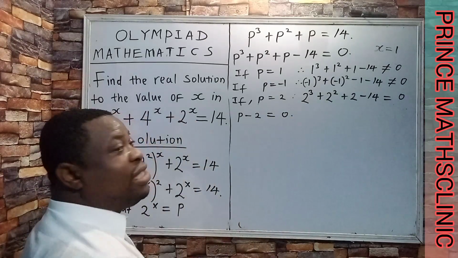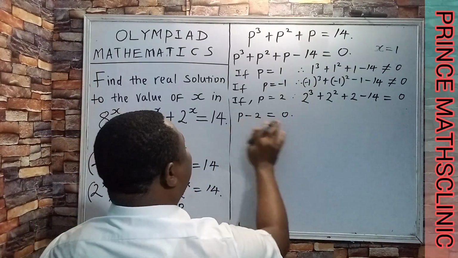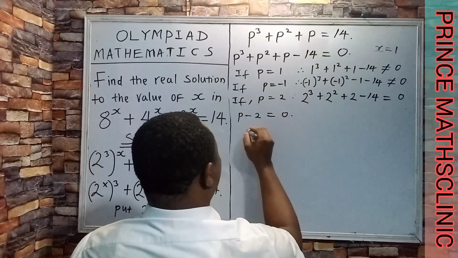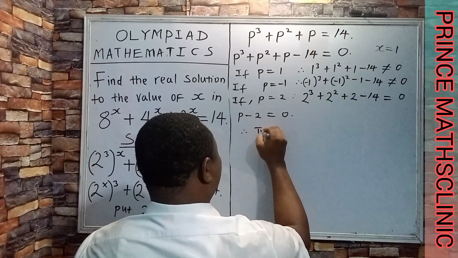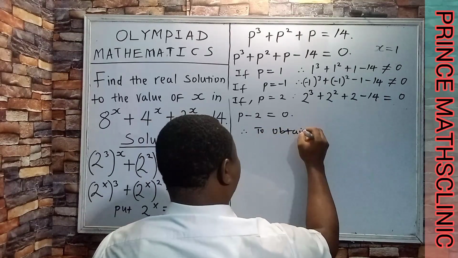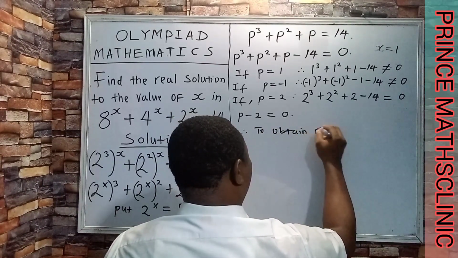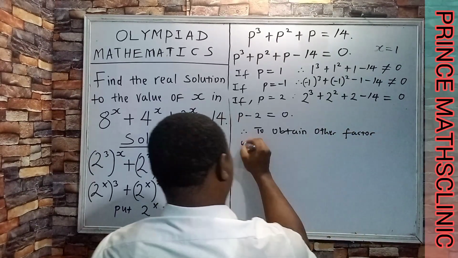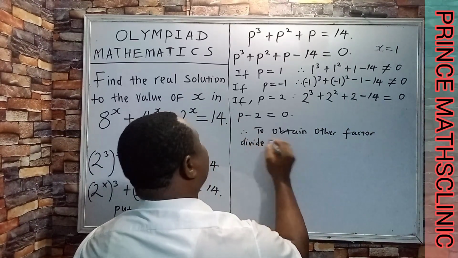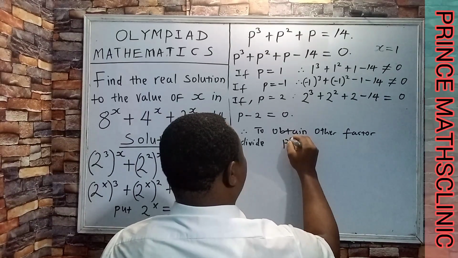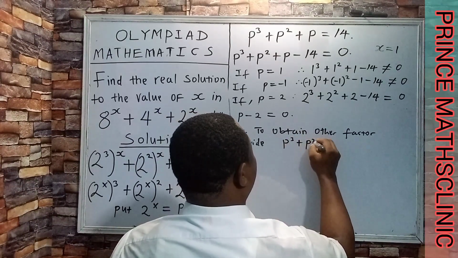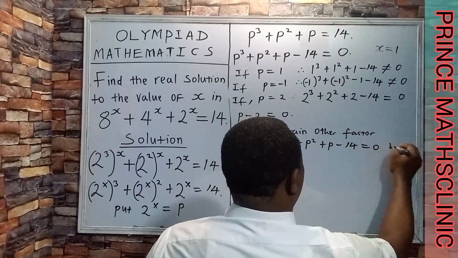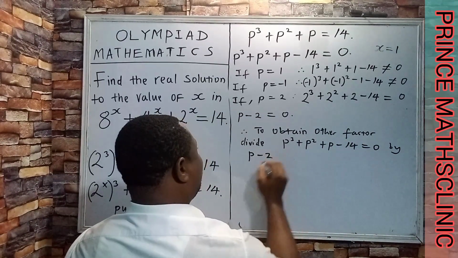So to get the other factor, I am going to use p minus 2 to divide this particular equation. So therefore, to obtain the other factor, divide p cubed plus p squared plus p minus 14 equals 0 by p minus 2.